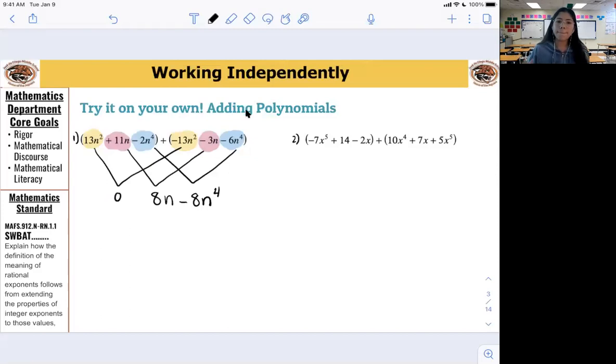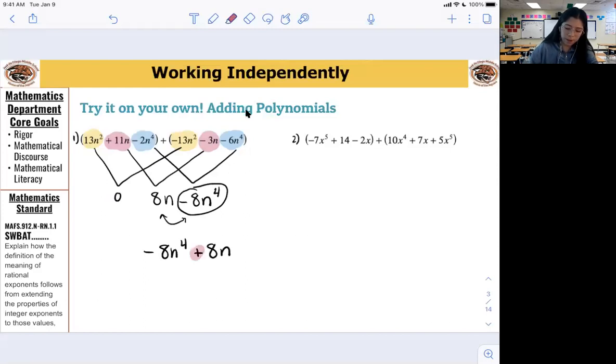You have to flip them. Now, which of these terms is negative? The negative 8n to the power of 4. Good. This is a package deal. It goes together. So when you flip them around, you get negative 8n to the power of 4 plus 8n.